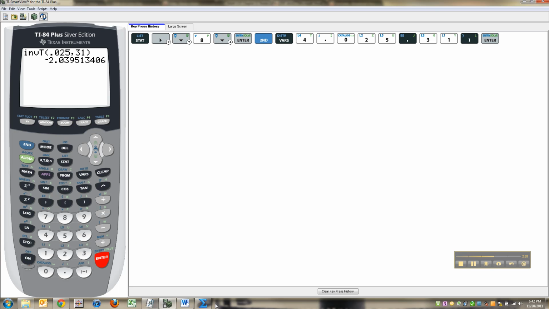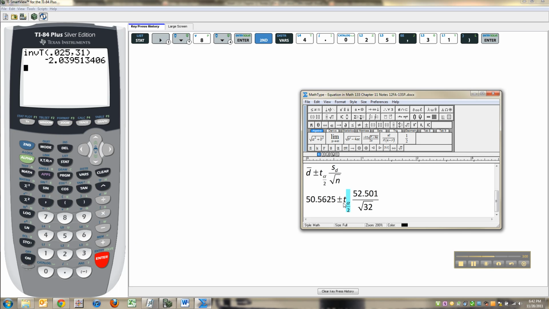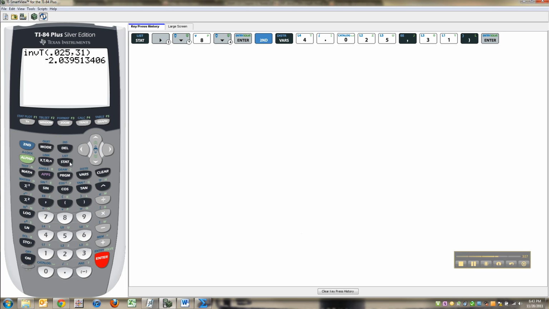And there you go. So it's negative 2.039. You don't have to worry about the negative positive thing. That gets taken care of by this symbol here in the formula. All right? And again, you could just go get that out of the table. You have a T table in your book or whatever. That's fine too. All right, so then I already found it again, but I'm going to do it again.